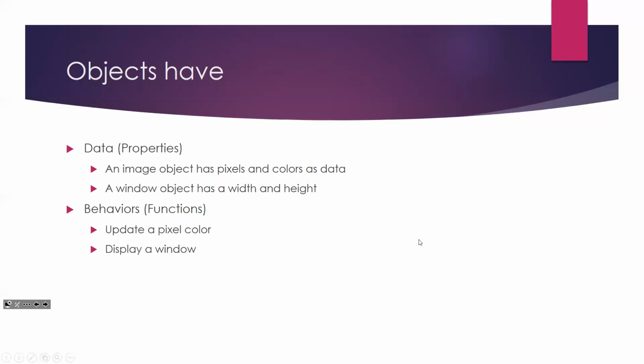Those would be functions or behaviors associated with a window object. So object-oriented programming is simply grouping these data and behaviors together in our program code so that everything that has to do with an image is grouped together, and everything that has to do with a window object is grouped together.